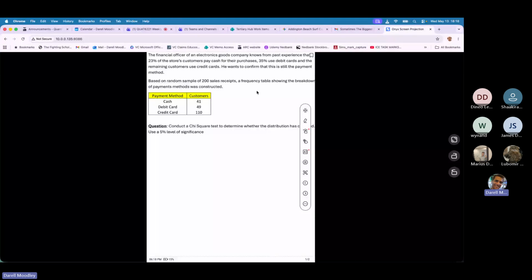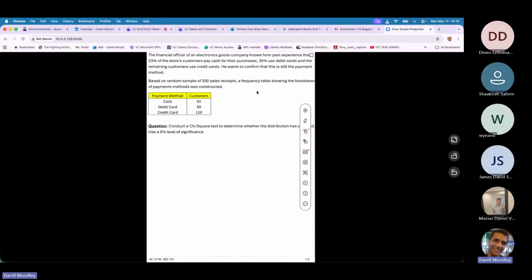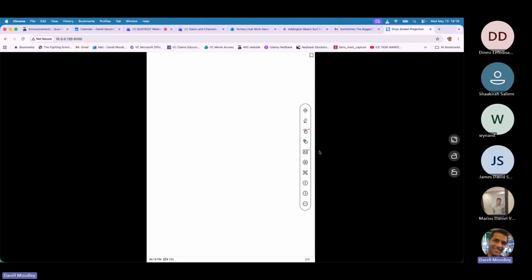Before I show you this question, let me give you an idea of what the chi-square distribution is all about. Let's say you owned a motor vehicle dealership. In your dealership, there are essentially 4 types of vehicles.